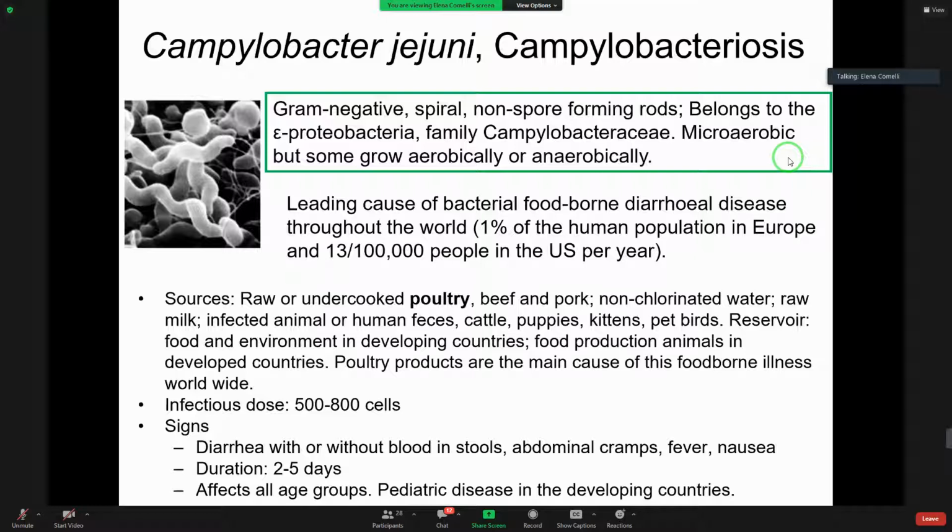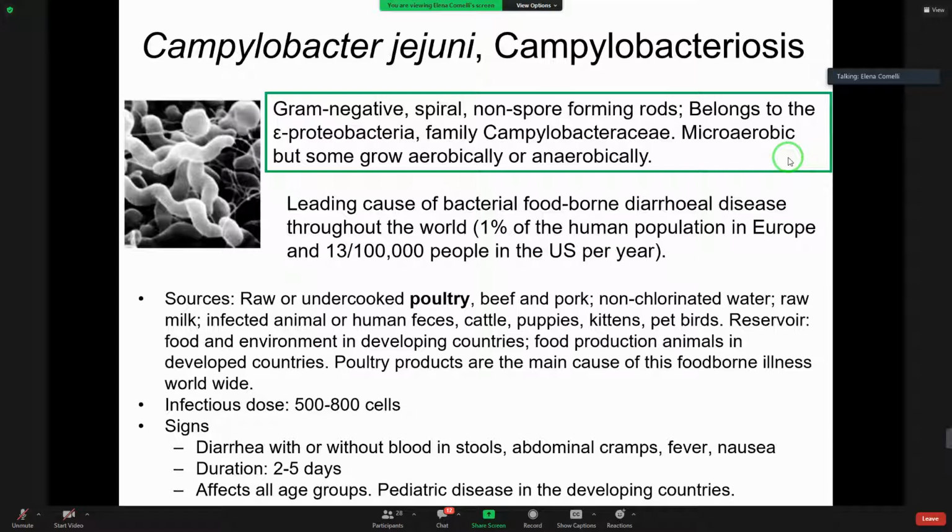Campylobacter jejuni has a very low infectious dose. Just 500 to 800 cells are sufficient to induce the disease. Actually, this was proven experimentally by a doctor in the UK in 1981. He voluntarily ingested 500 cells of Campylobacter jejuni to prove that it is the cause of campylobacteriosis and that such a low infectious dose was sufficient to cause the disease.